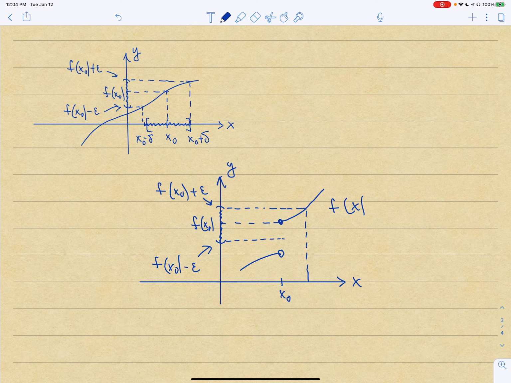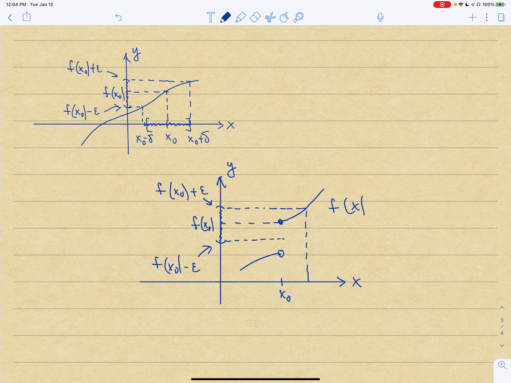Right, so that means that I'm going to force my function to lie inside the interval of length 2 epsilon. So inside this interval, there are not going to be any points on the left side of x where values of x will lie inside this interval, right? Because this horizontal line is not going to intersect that bottom branch of the function.